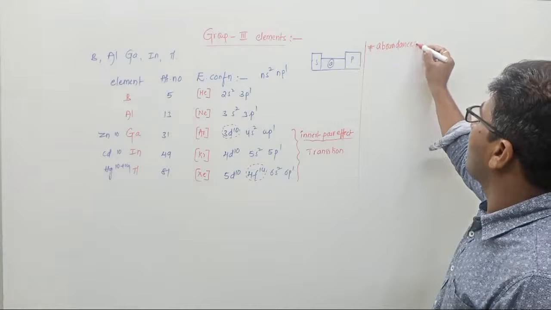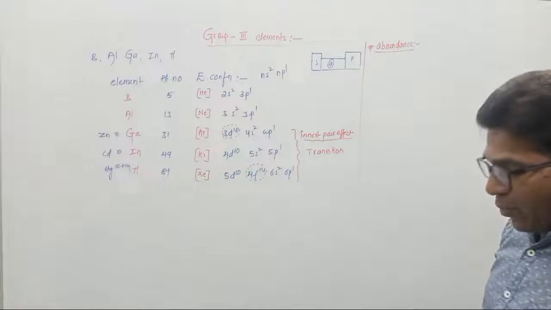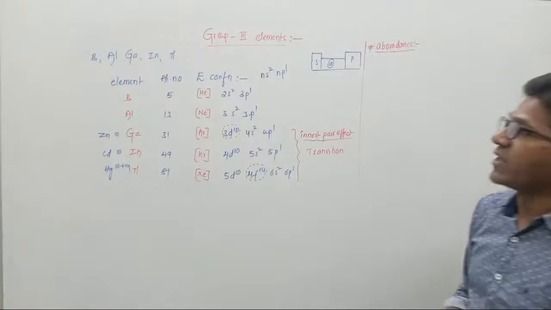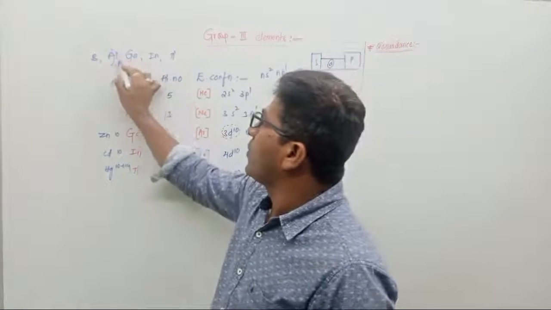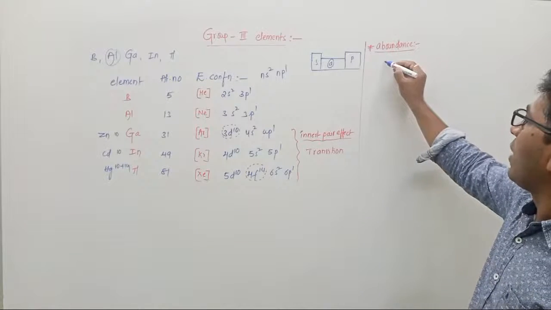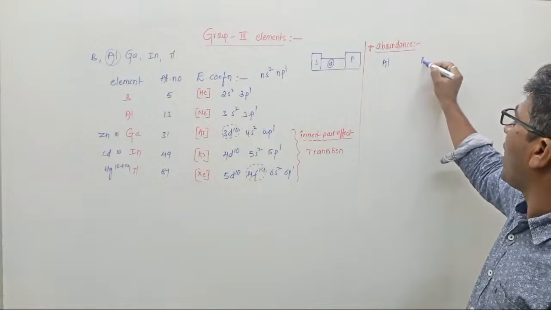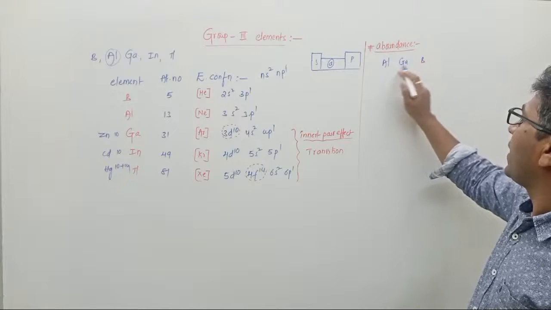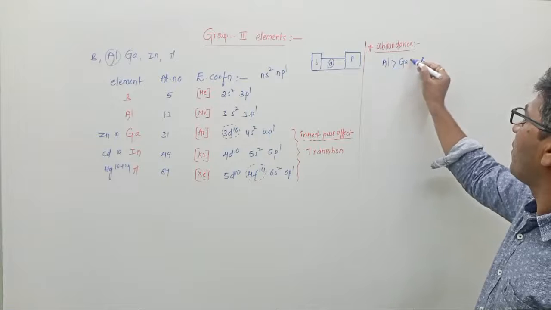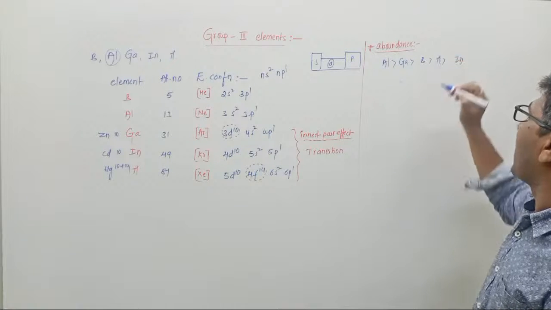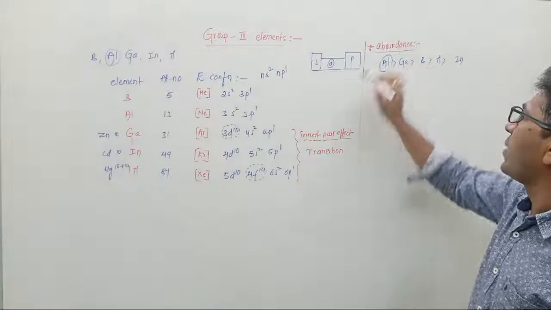Abundance means availability. So, which is more available? In this case, aluminium is more available. Now, boron, aluminium, gallium, indium and thallium. So, which is more available? Aluminium is more available.